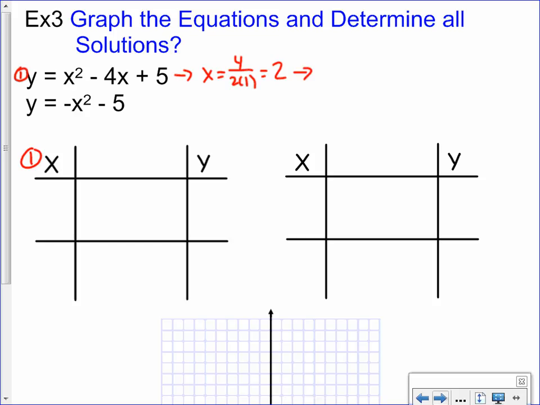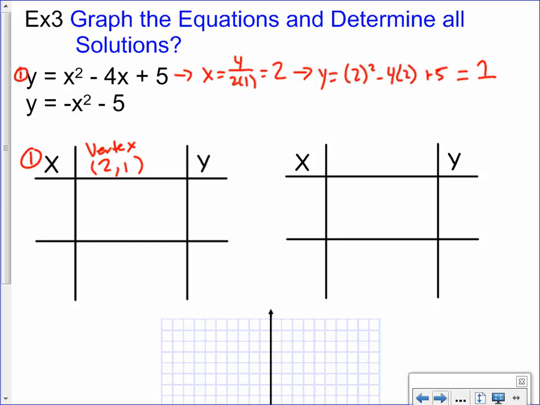And then y is equal to 2 squared minus 4 times 2 plus 5, which is 4 minus 8 plus 5, which is 1. So this first one will have a vertex of 2, 1.